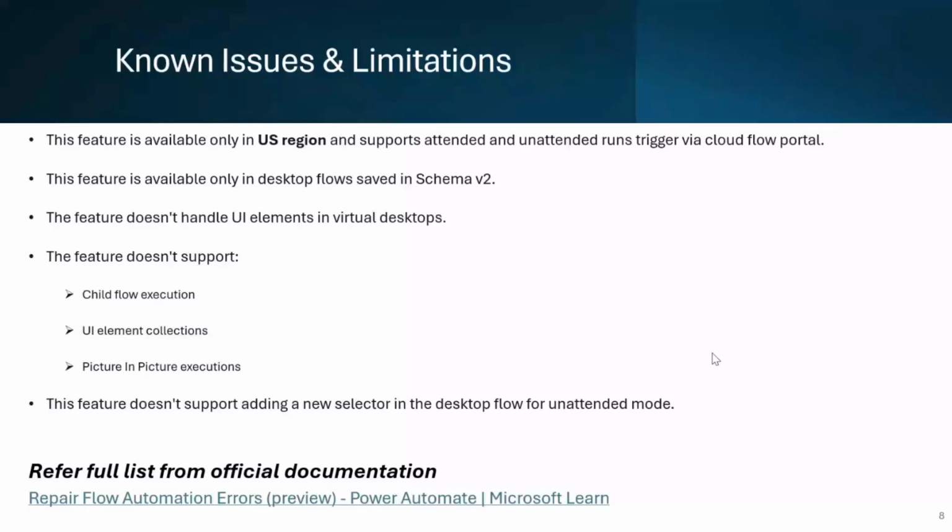So if we trigger this flow from the cloud, it will get stuck there again and prompt for the recommendation. It also could not suggest error fixes for UI elements in a virtual desktop. The feature does not support child flow execution, UI element collection, and picture in picture execution. You may refer to the official link mentioned at the bottom of this slide.